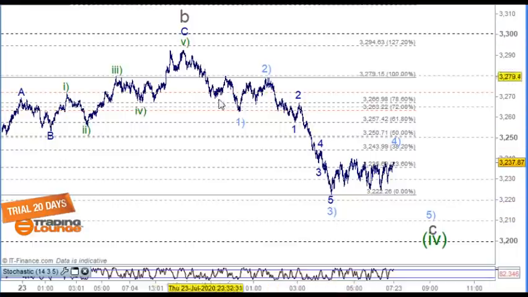So it's possible that this can be an A wave, a B wave, and a C wave here, and I've got everything wrong. So getting a solid support on the 50 here, as a classic trading levels pattern, would be the thing to do.